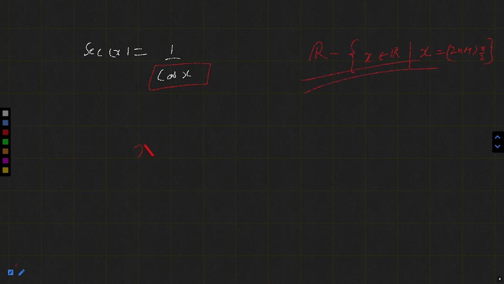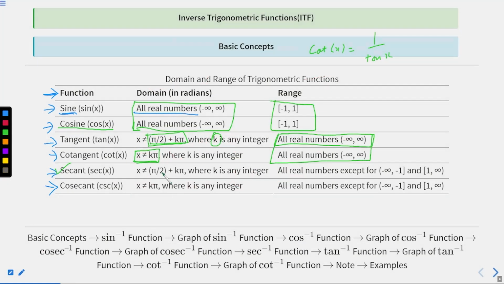In short, you can write that x cannot be equal to (2n plus 1) times pi by 2, or in other words pi by 2 plus n pi. Okay, and this is what is written over here.